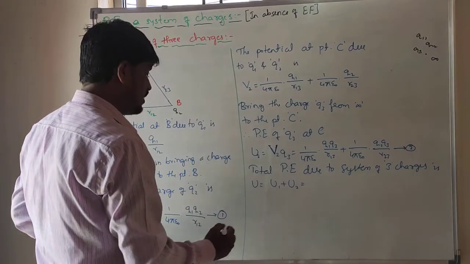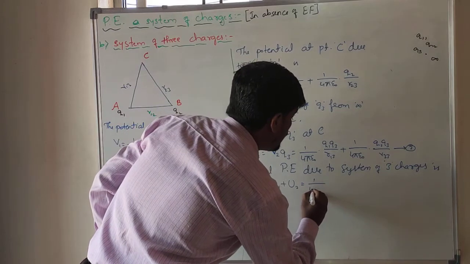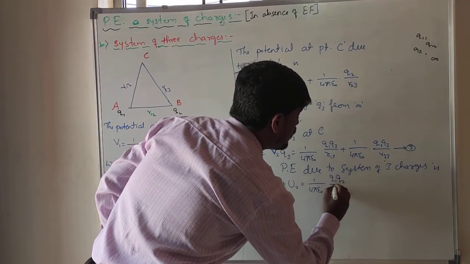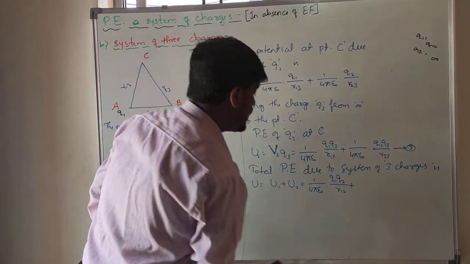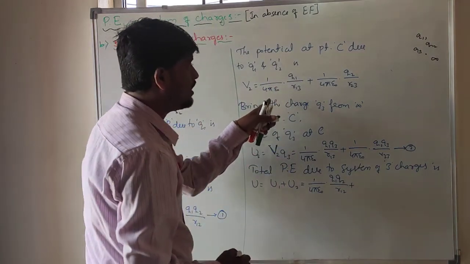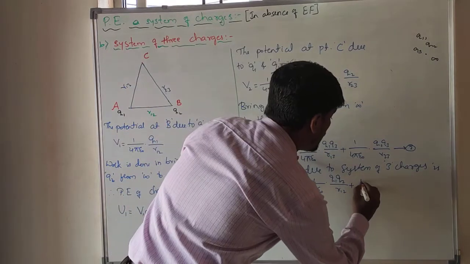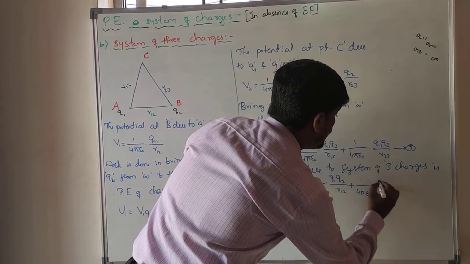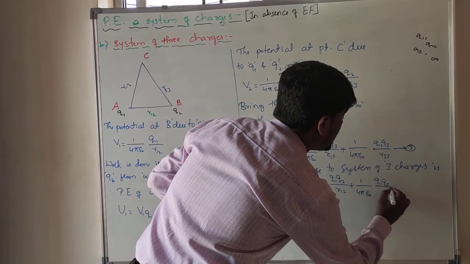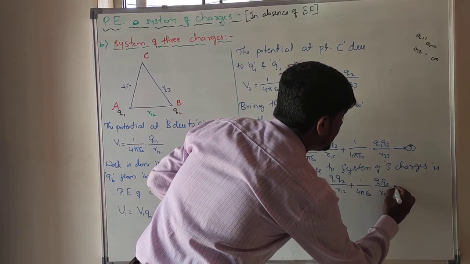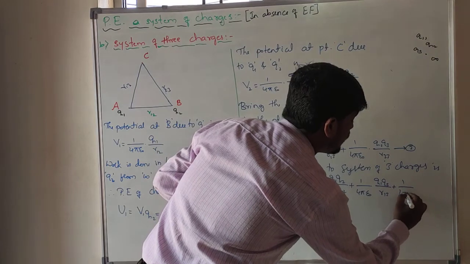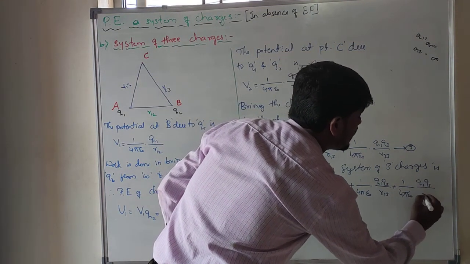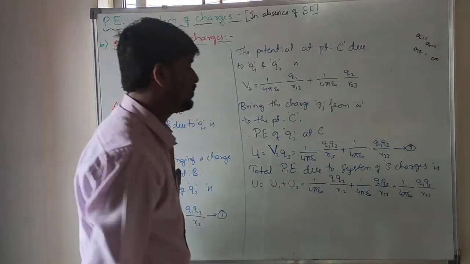What is U1? 1 by 4 pi epsilon naught into Q1 Q2 divided by R12 plus what is U2? This is equation number 2. So 1 by 4 pi epsilon naught into Q1 Q3 divided by R13 plus 1 by 4 pi epsilon naught into Q2 Q3 divided by R23.